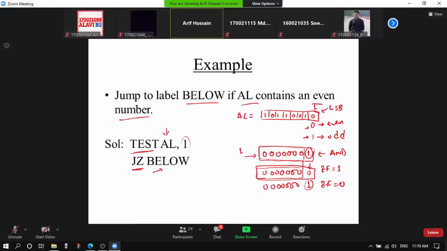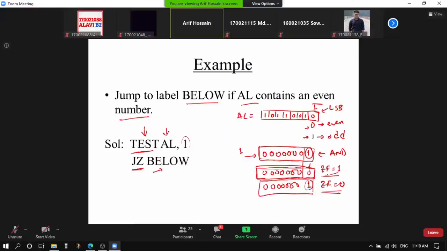If your LSB is 0, that means the result of this test operation will be 0. So if the result is 0, your zero flag will be 1. But if the number is odd, that is there is 1 in the LSB, then your result will be non-zero. So if the result is non-zero, then your zero flag will be 0.